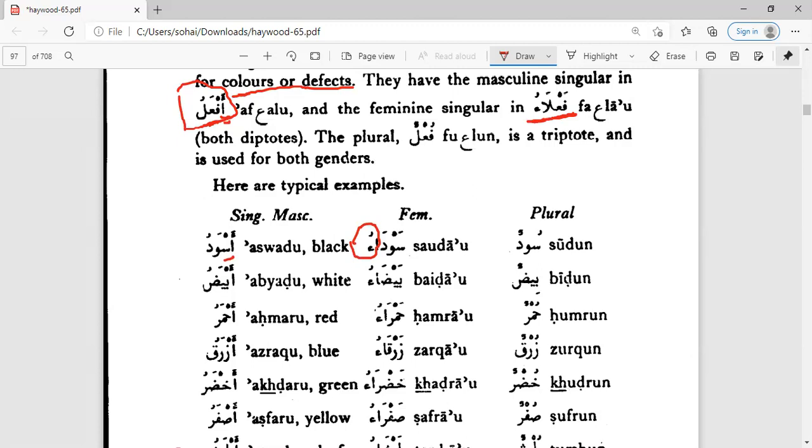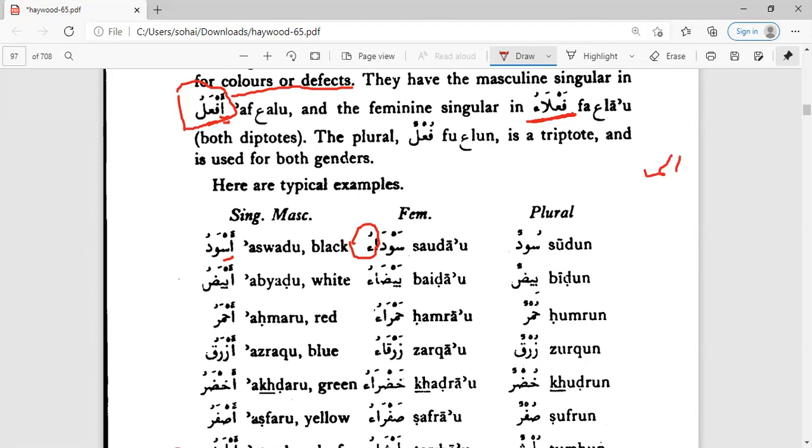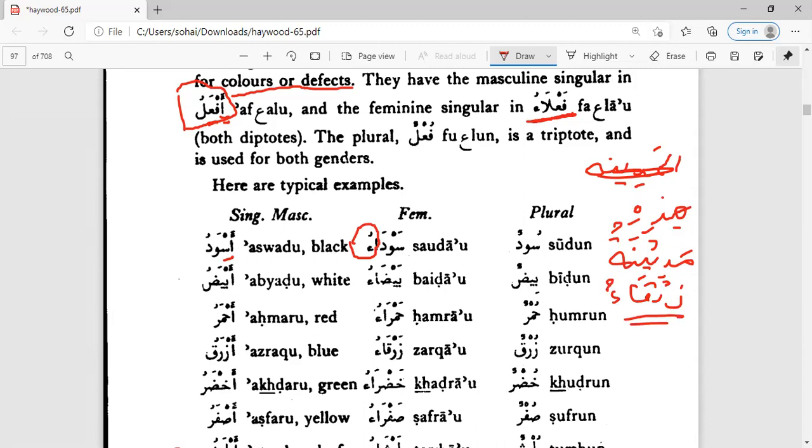So if you use Al Madina, or you want to say, okay, this is the Blue City, you say Hadhihi Madinatun Zarqa'u. Zarqa'u is feminine because it's the adjective of Madina, because Madina is feminine. So that's how the feminine works.